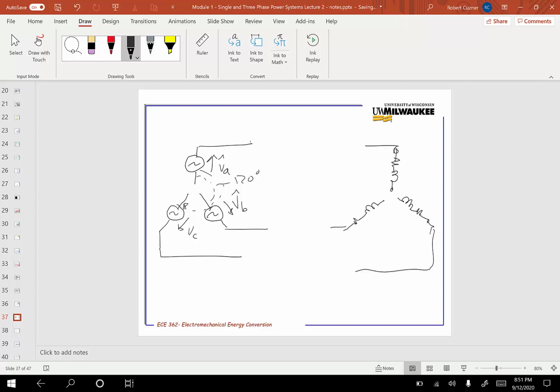And I'm going to represent points on these lines coming out. This is A, this is B and this is C, points of reference. On the other side, I can make the same points of reference, A, B, and C. And then I can connect them together.